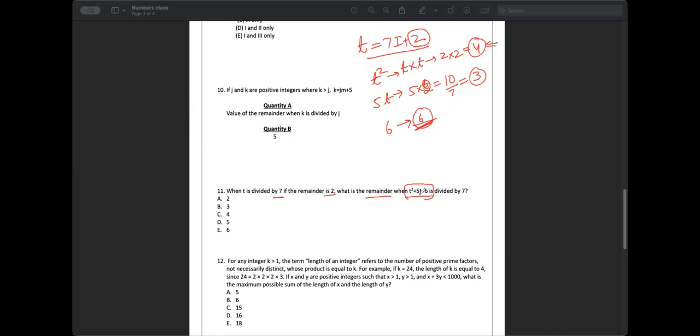So these are in addition. 4 plus 3 plus 6 divided by 7, remainder would be 6. So at some point we are multiplying, at some point we are adding. That's all, depending upon how things are. So this is purely what we did with the remainders initially.